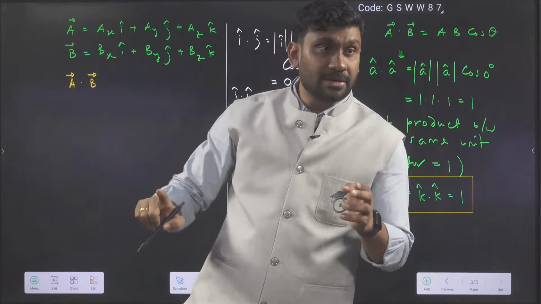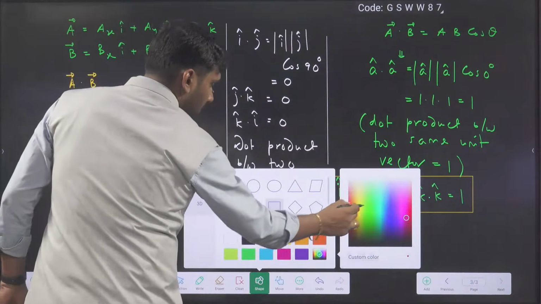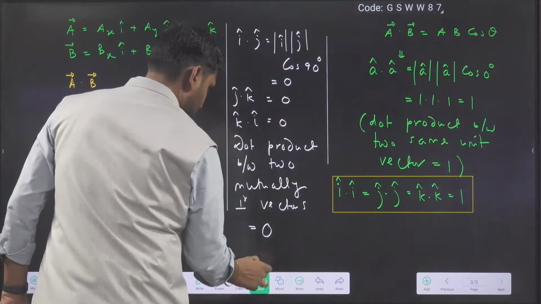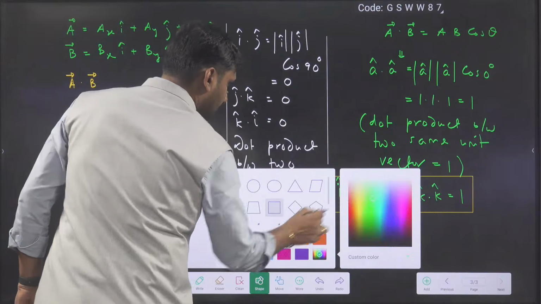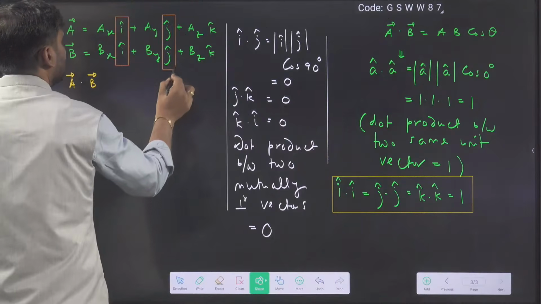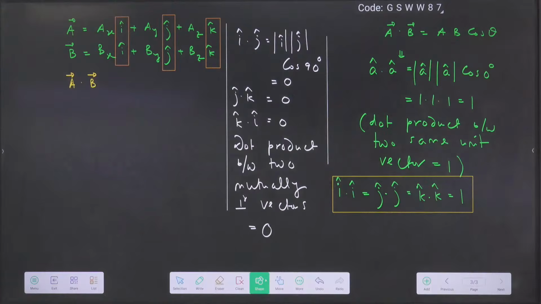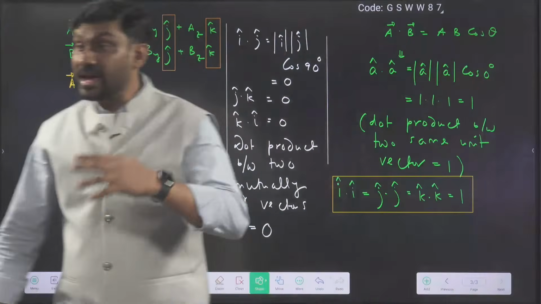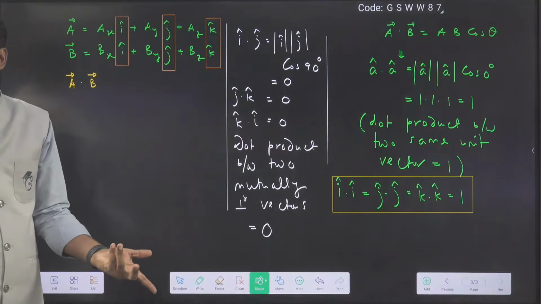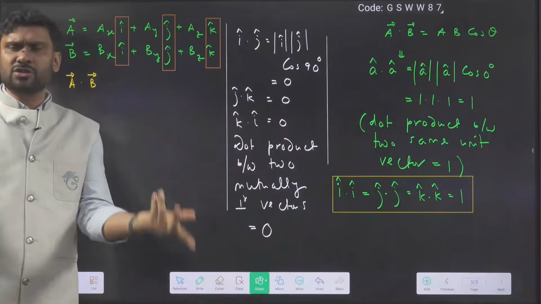Because all other combinations will give you 0 result. I will use i with i, j with j, and k with k. Because i dot j will be 0, so there is no benefit in multiplying that. j with k will be 0, i with k will be 0, so there is no benefit in taking that.